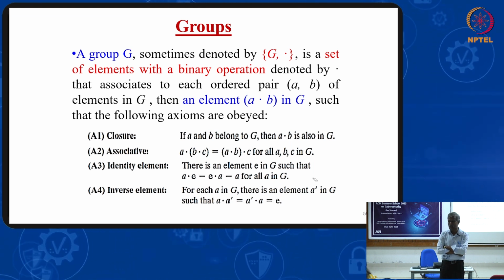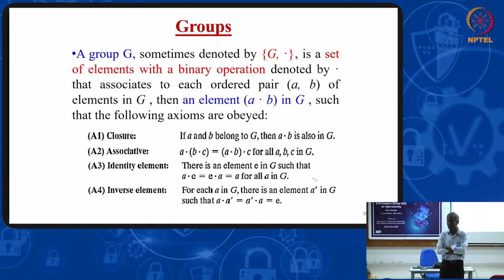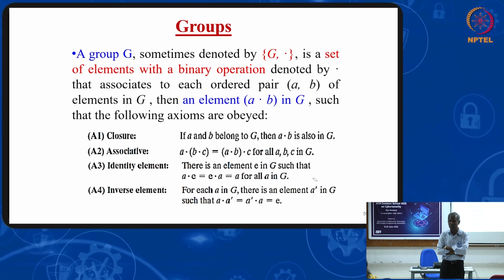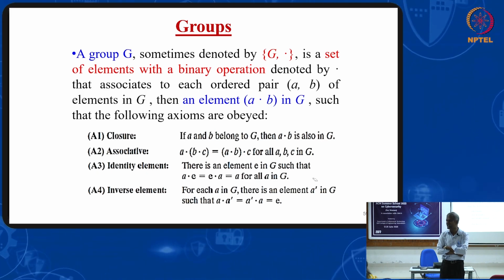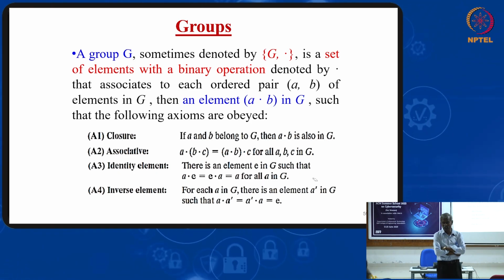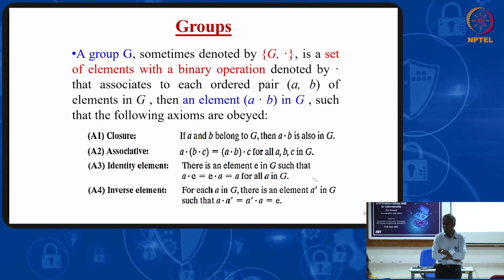Will it form a group? Yes. What will be the inverse of plus 5? What is the additive identity? 0. So it forms a group. With respect to multiplication, will it form a group?